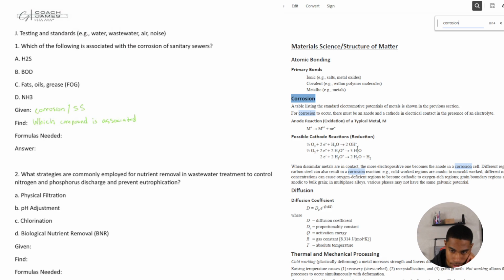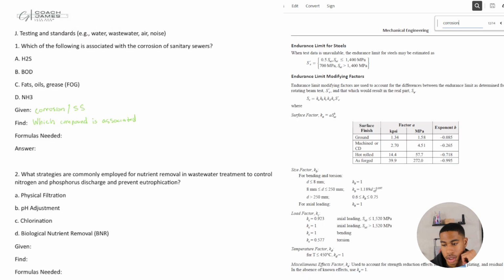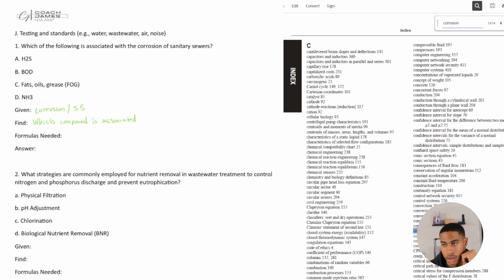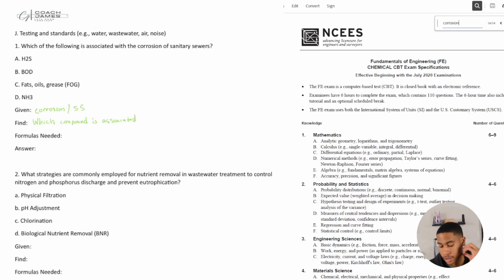It's like H2 is reacting, but for the main, I don't see it. Okay, so this didn't really help me. So you have to have some prior knowledge, is my point.